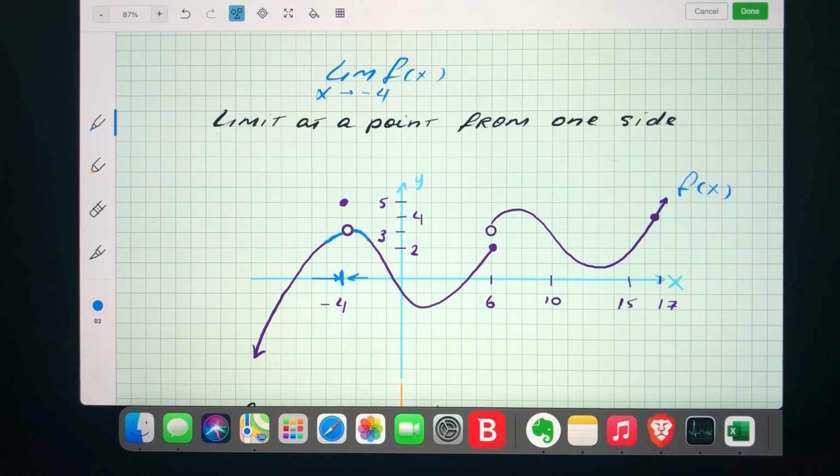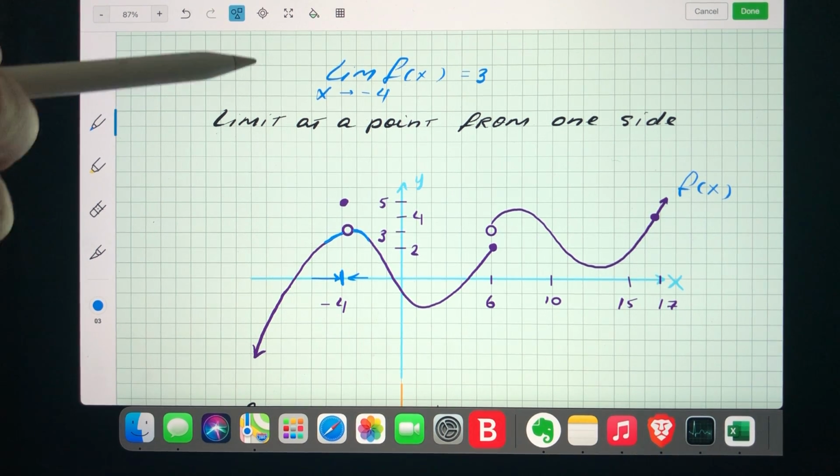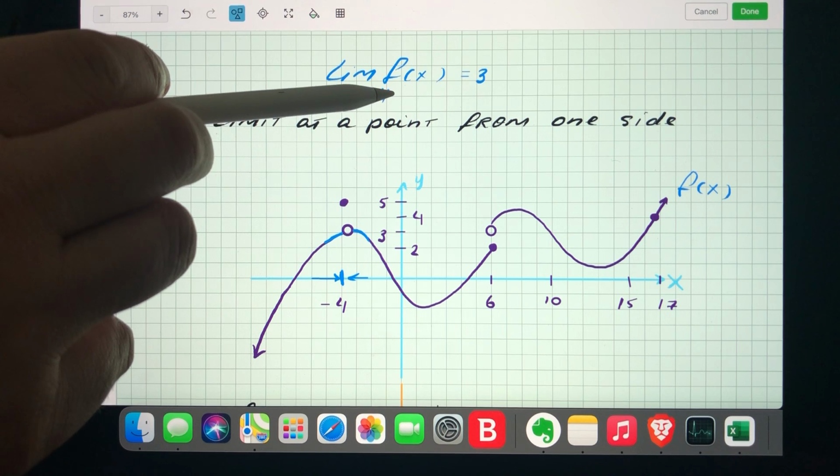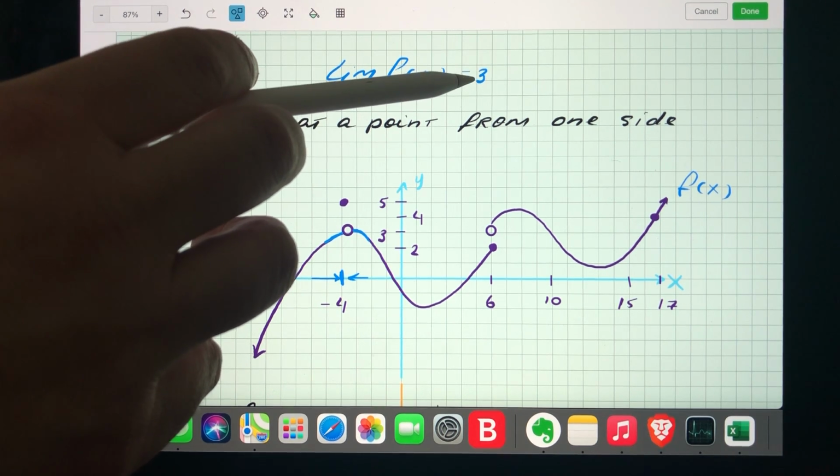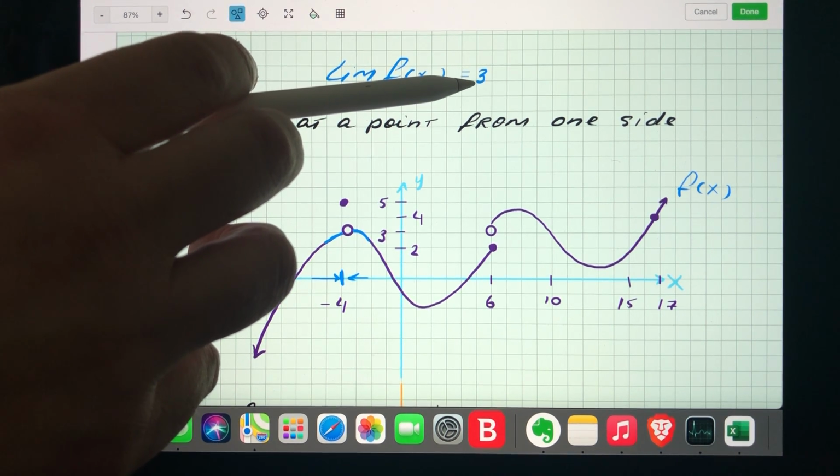And from the left side it's 3, from the right side the height is also 3, so from both sides the answer is 3. And if the two sides match, that means the limit from both sides exists and it equals that one number that both sides match.